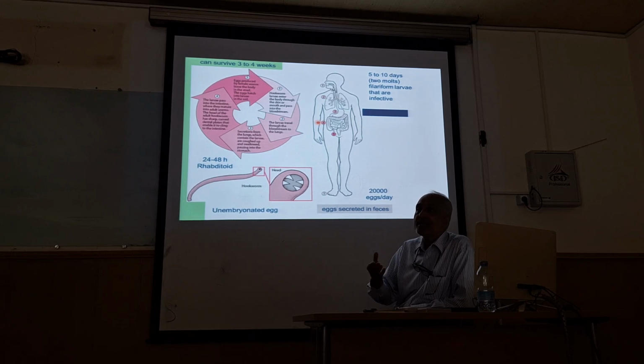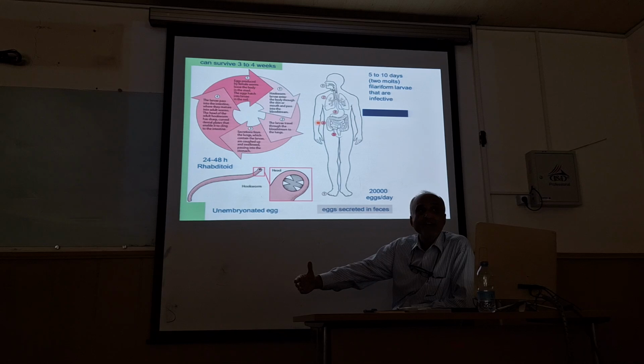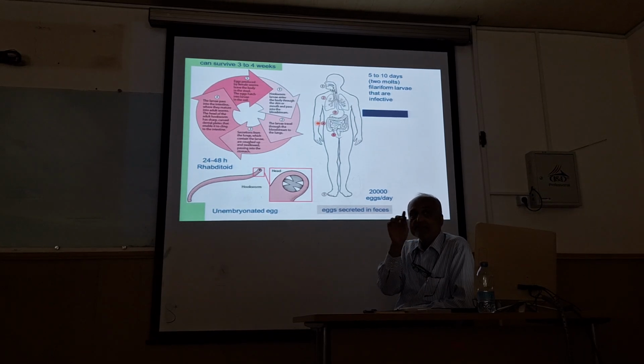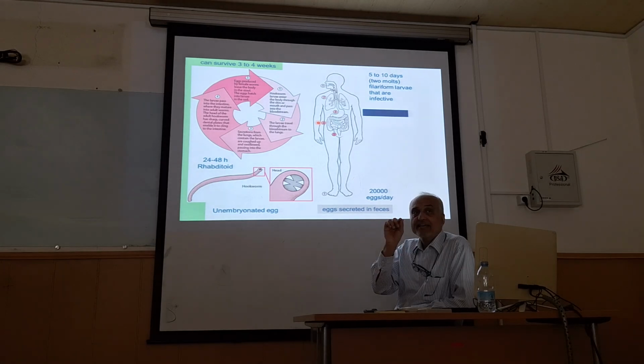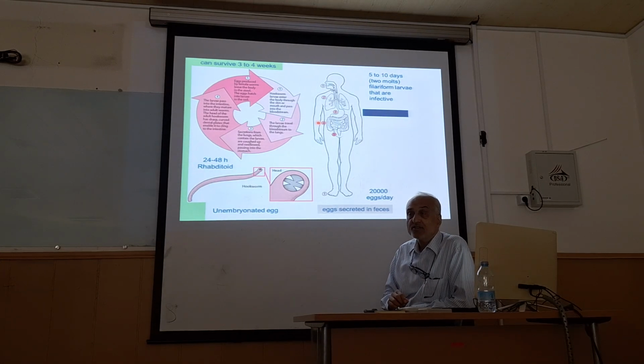So they must enter the skin of humans, the final host. When they attach to the 37 degrees centigrade skin of humans, the sheath opens and they can go inside the skin. So it means that we may see ground itch, very important here.